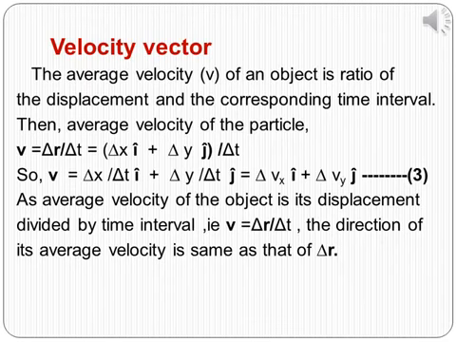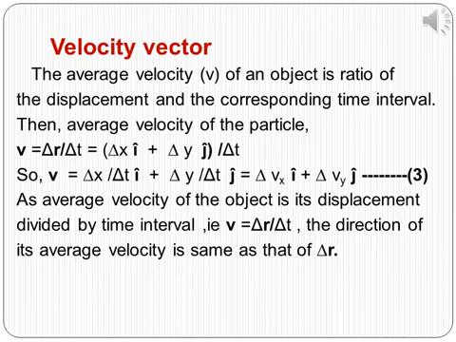delta r by delta t, where delta r is the displacement vector, which is equal to delta x i cap plus delta y j cap, whole divided by delta t.